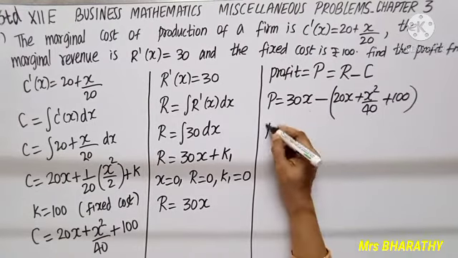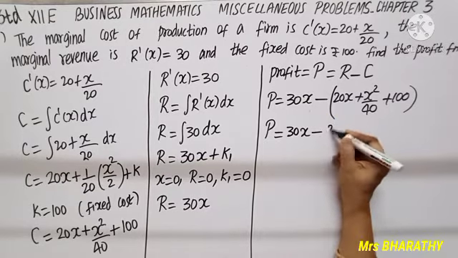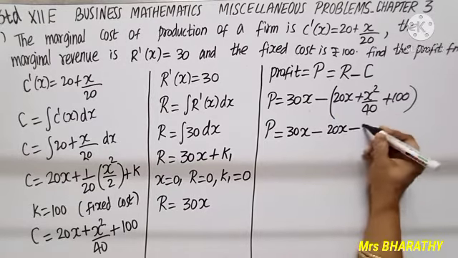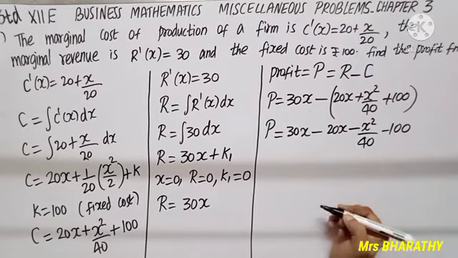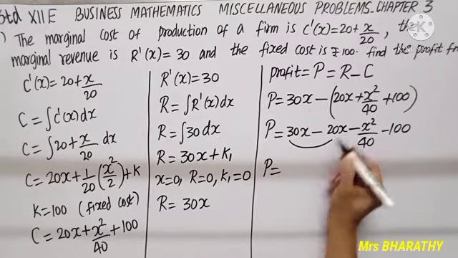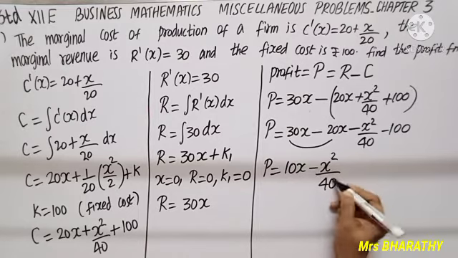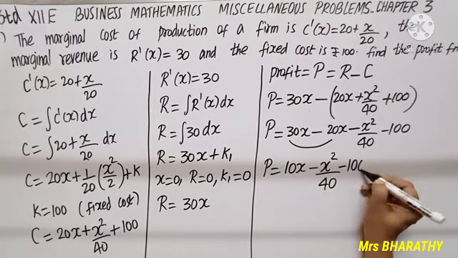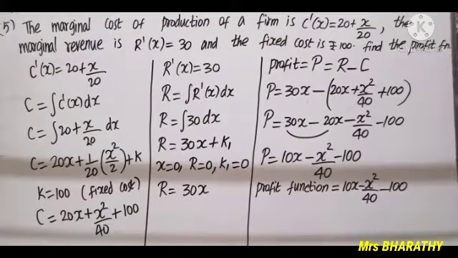As I subtract, capital P is 30x minus 20x minus x square by 40 minus 100. Combining these two, 30x minus 20x is 10x minus x square by 40 minus 100, and we have arrived at the answer.